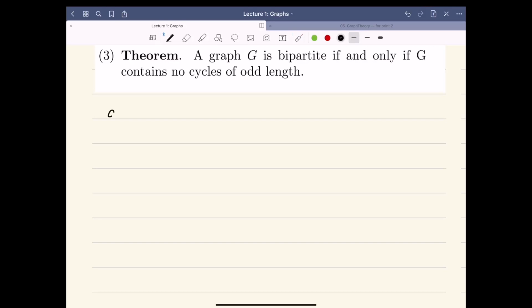The first direction, from left to right, says if G is bipartite, then G contains no odd cycle.